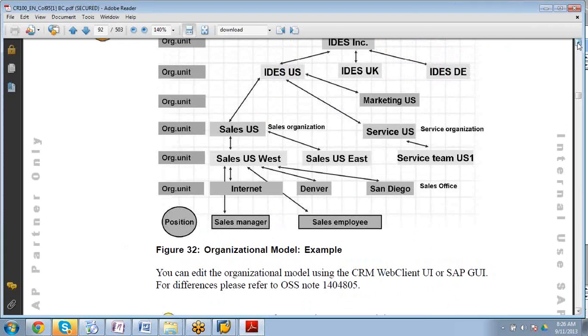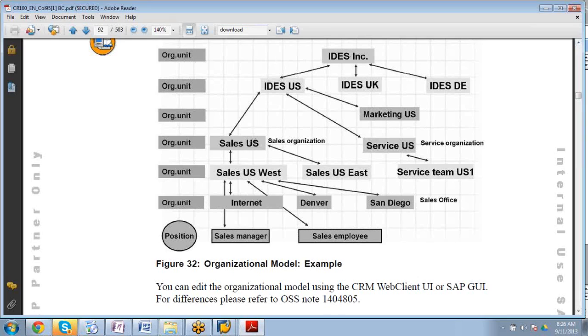Because sales organization starts at the main org unit, not all. We should not assign it to IDS US, isn't it? That's the reason they did not assign it to IDS DE. DE means Germany. So all of you are getting what I'm talking about.